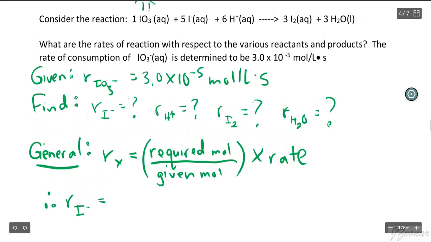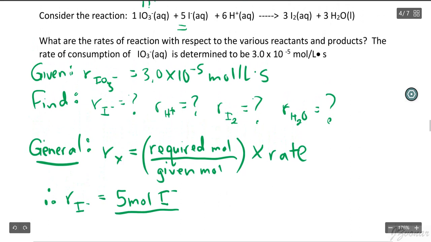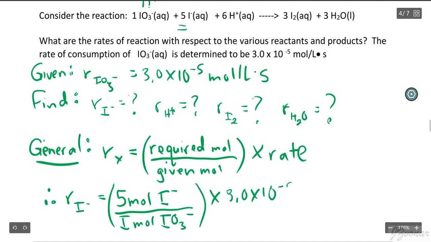In the balanced equation here, I've got 5 moles of the iodine ion over 1 mole of the iodate ion. This I get from my balanced equation. I'm also given the rate, which is 3.0 times 10 to the negative 5 moles per liter per second.